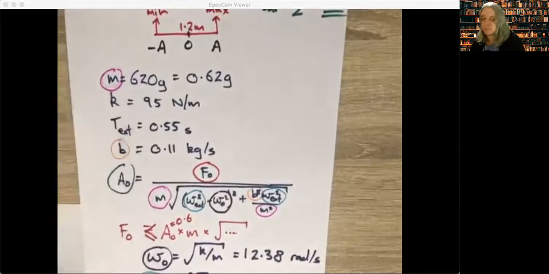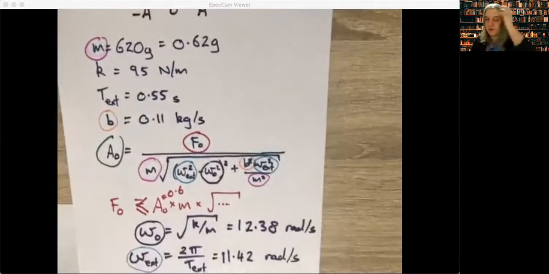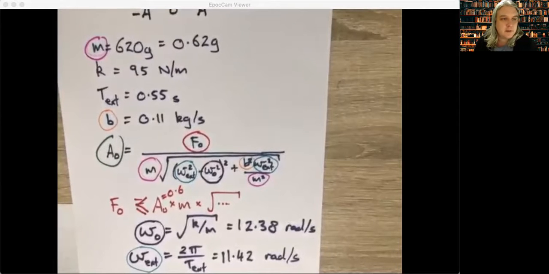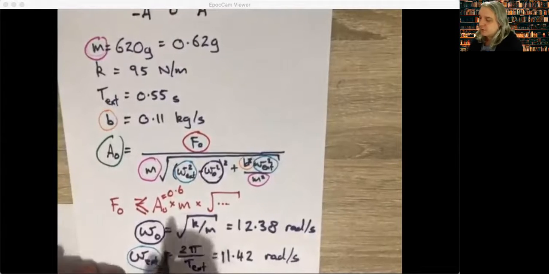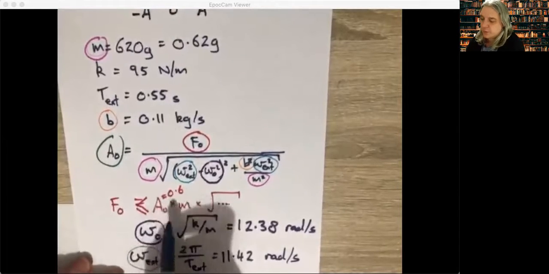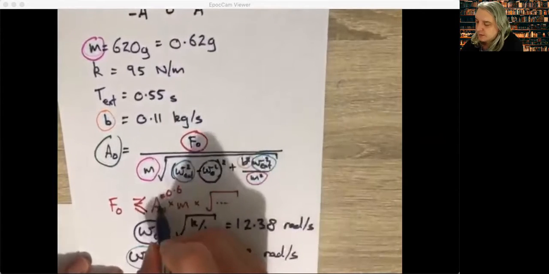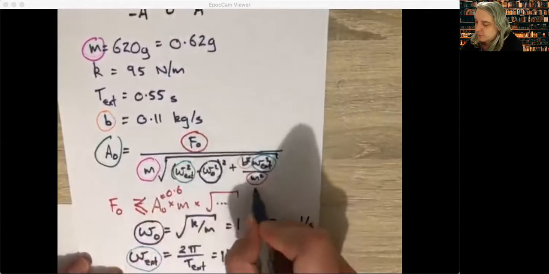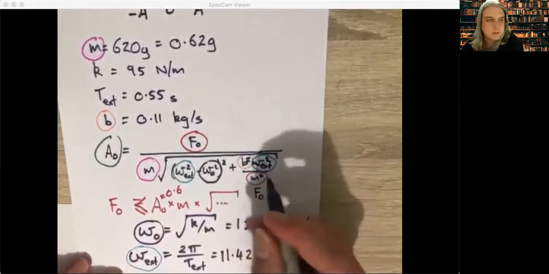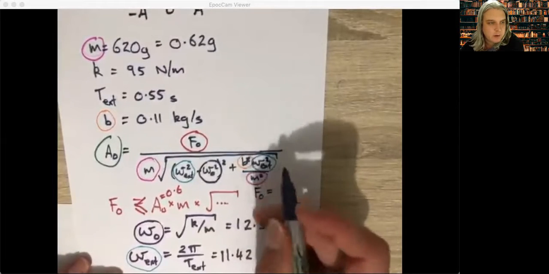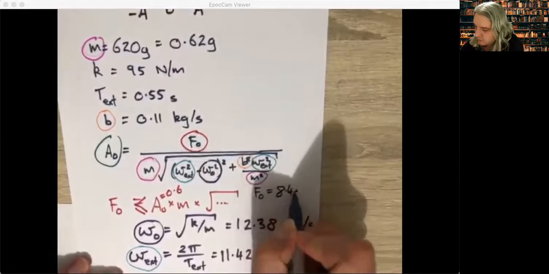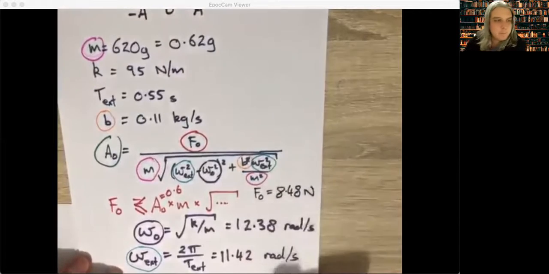and get a result. I'm not going to show you myself doing that because that's just a calculation, but hopefully you get out that the resulting force, in order for it to be equal to 1.2, so when A0 is equal to 6, F0 should be equal to 8.48 newtons.